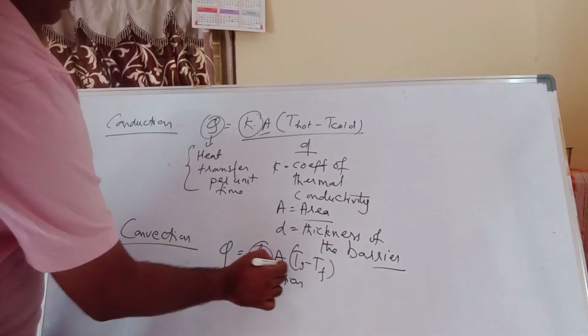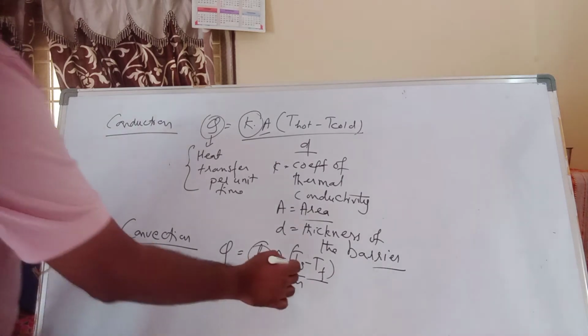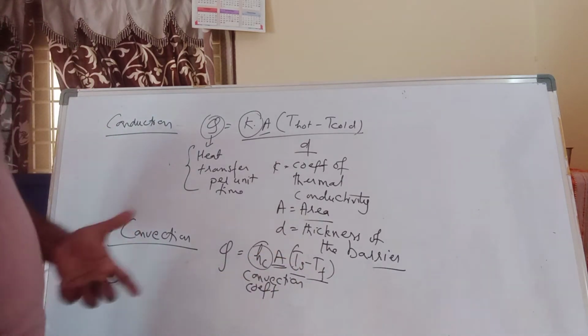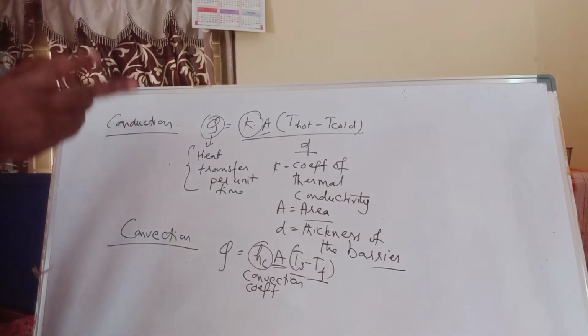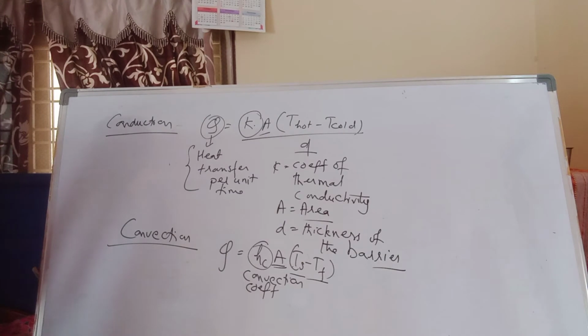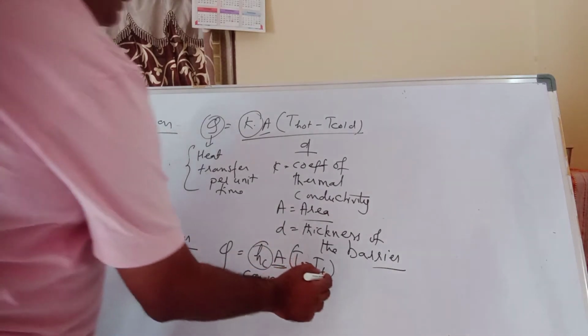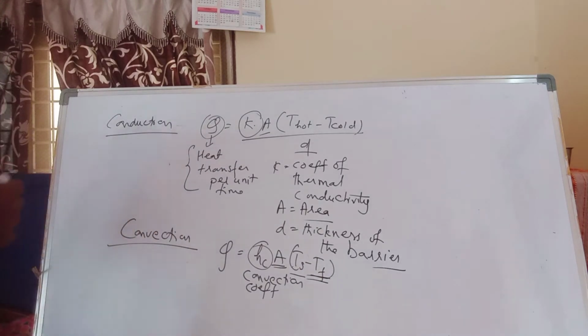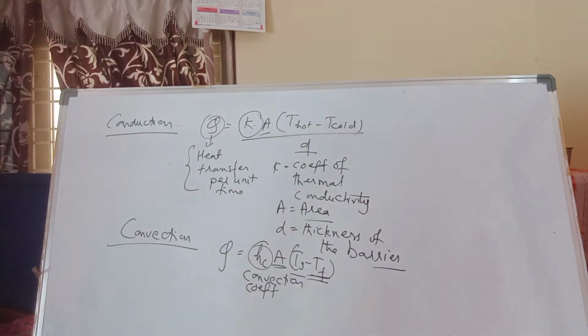A is the area of the surface, and Ts means the temperature of the surface. Let us say you are heating water in a beaker. That surface is basically a solid surface, and Tf is the temperature of the fluid. Okay. So these are the two equations we use.